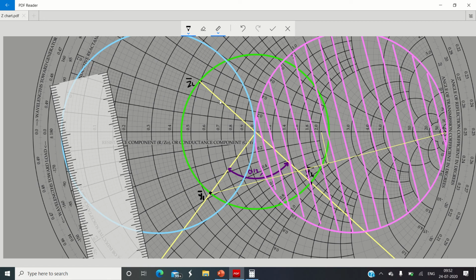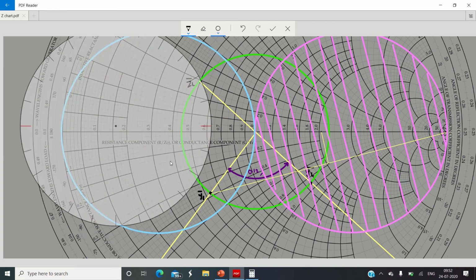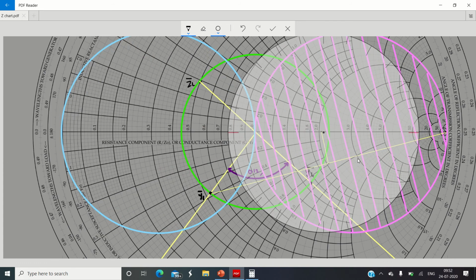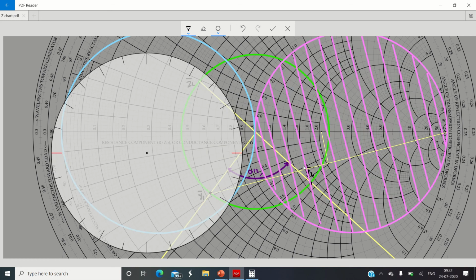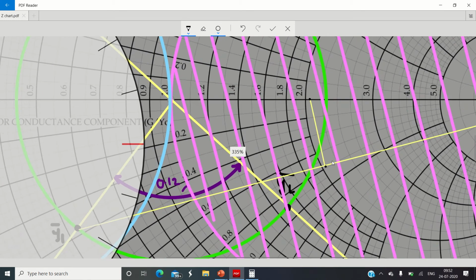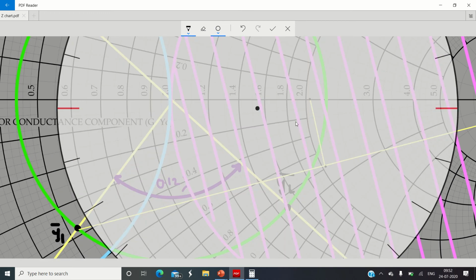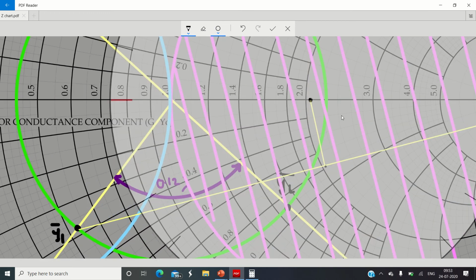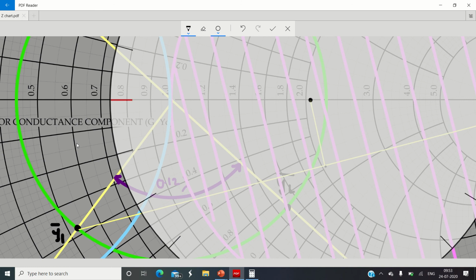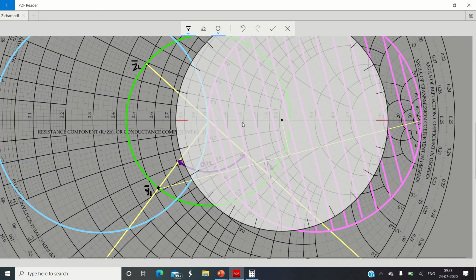Now take your compass and put its metallic part at this point where you got the intersection with the real axis. See here, again I will show you by zooming in. Here I got that intersection point. Please remember, you take the distance in your compass from the center to the right hand side point.